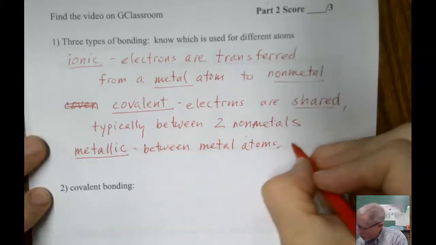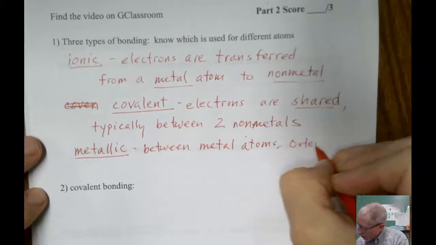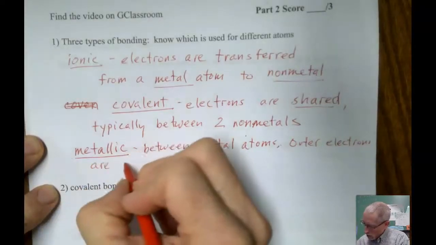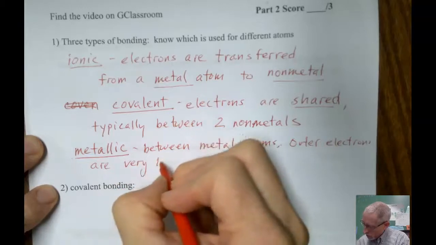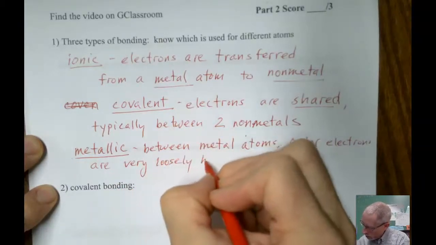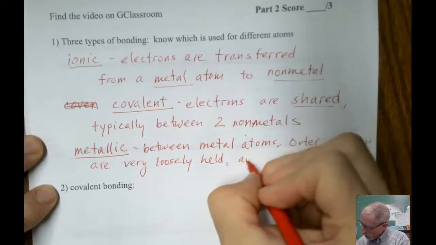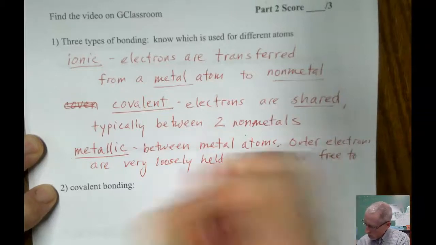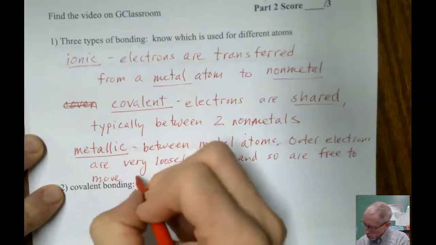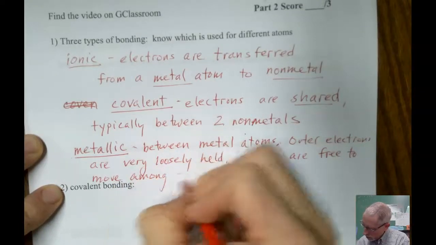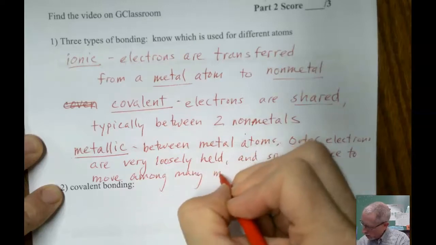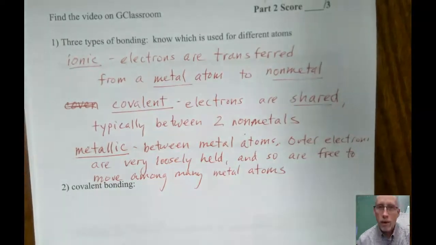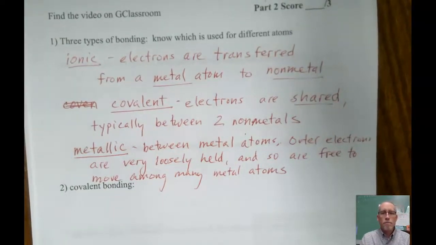It's actually a little odd, but the outer electrons are very loosely held, and so are free to move among many metal atoms. You get that written, and I'll describe it a little bit better.